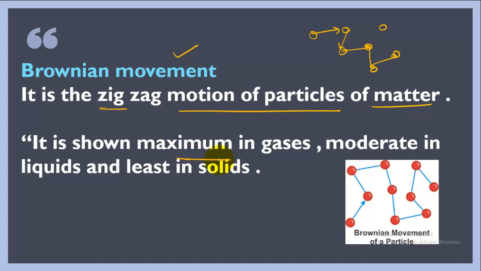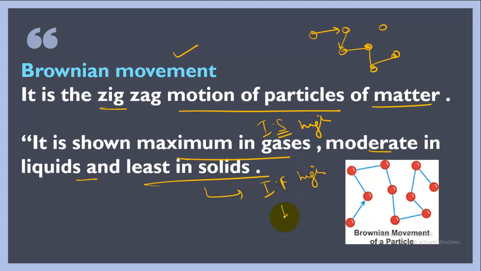So it is shown maximum in gases because intermolecular space is on the higher side in gases, moderate in liquids and least in solids. The reason being that in solids intermolecular forces are quite high and space is almost nil because the particles are very tightly packed.